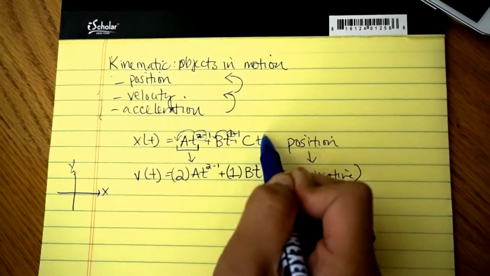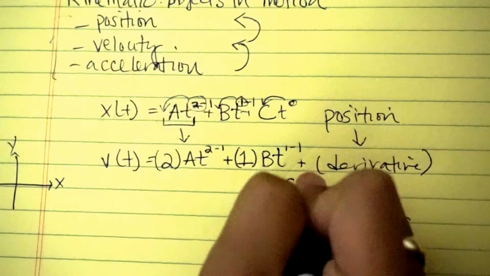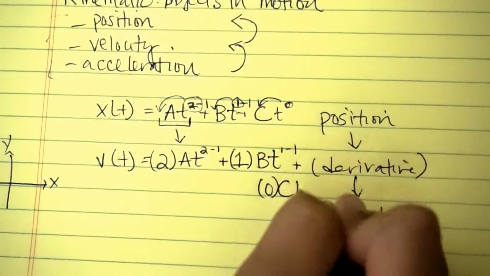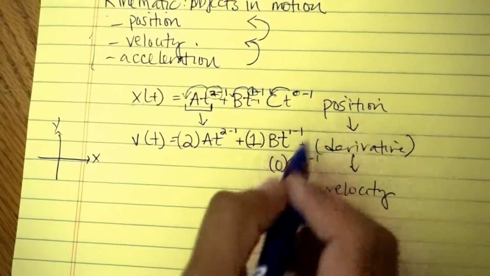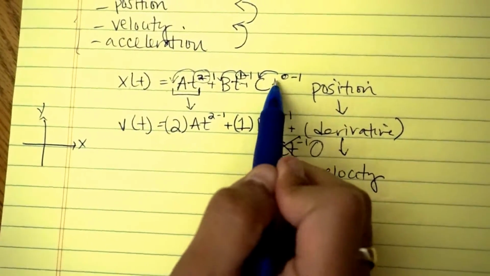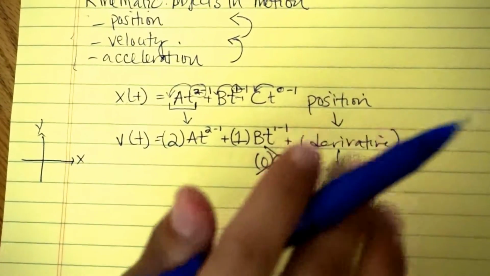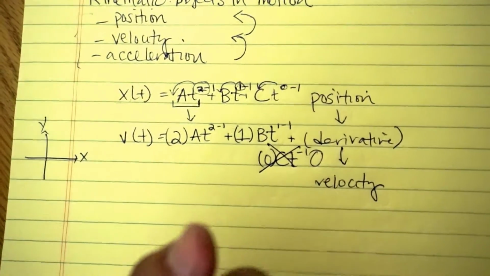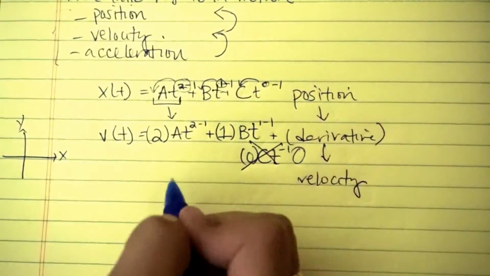So it's kind of like saying t to the 0 power. And when you bring 0 to the front, it's just 0 times c times t to the negative 1, because you have to subtract 1, right? So 0 times anything is 0. So ultimately, when it's just c left over, it just goes away.